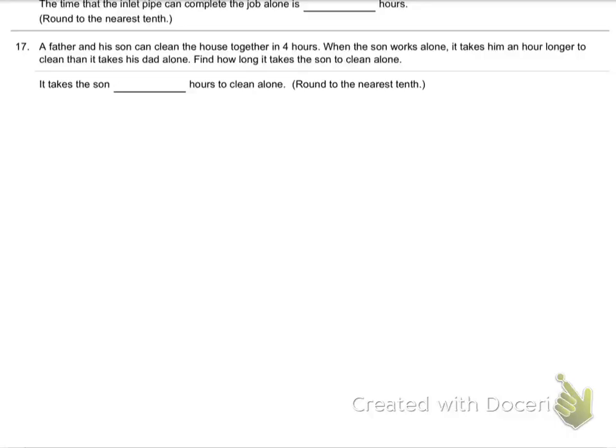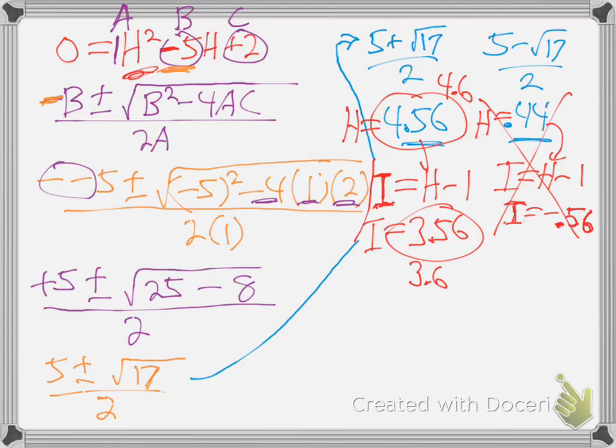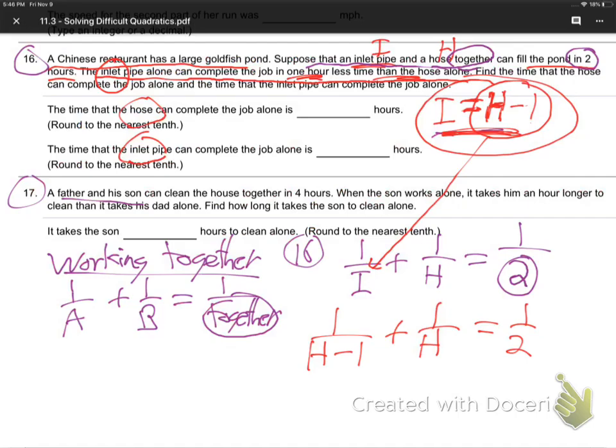A father and son clean the house in 4 hours. So this is going to be 1 over father, working together, plus 1 over the son equals 1 over 4. That's how we always do working together problems, like I mentioned back here. Working together is always 1 over A plus 1 over B is 1 over together.